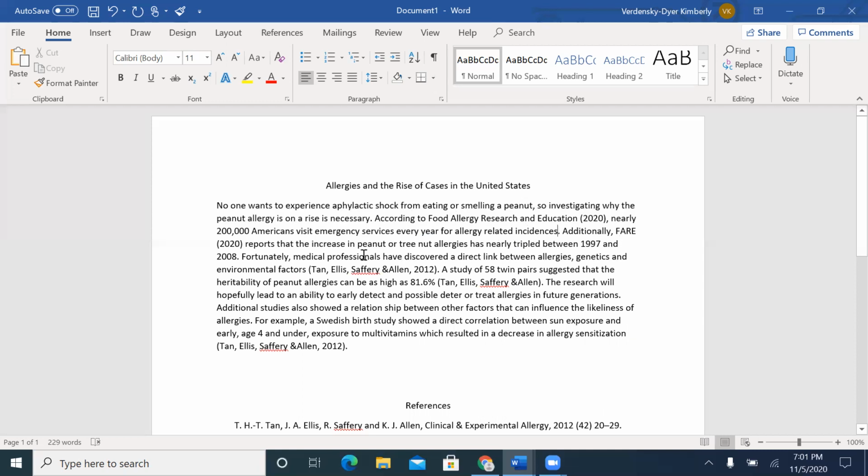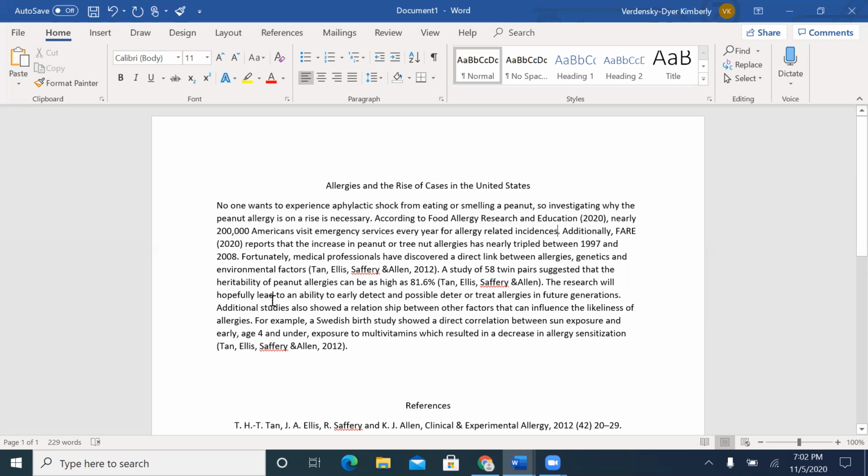Additionally, FARE reports that the increase in peanut or tree nut allergies has nearly tripled between 1997 and 2008. Fortunately, medical professionals have discovered a direct link between allergies, genetics, and environmental factors. A study of 58 twin pairs suggests that heredity of peanut allergies can be as high as 81.6%.